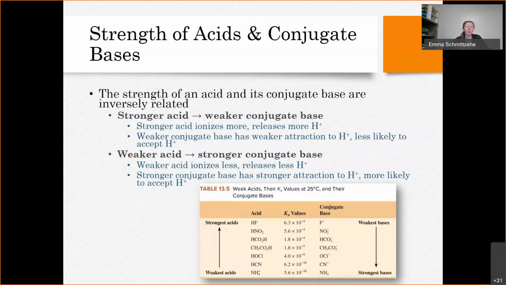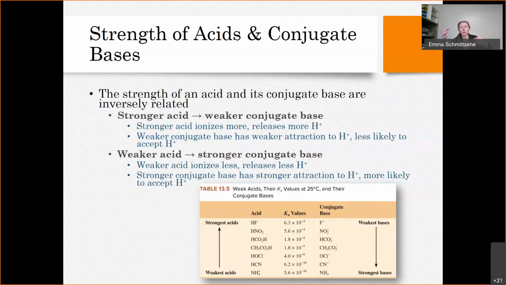Okay, so we have an acid and its conjugate base as a product. And then when that reaction reverses, that conjugate base now is acting as a base and reforming that acid as its conjugate, okay? And the strength of these things are related, okay? Now, the only time you have these equilibrium type processes is when they are weak substances, okay? So no matter which direction you're talking about, it's always a weak acid or a weak base.